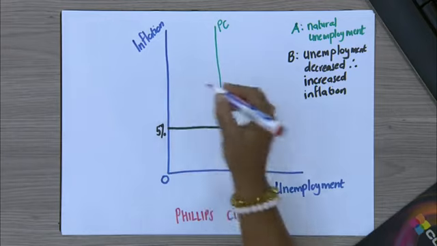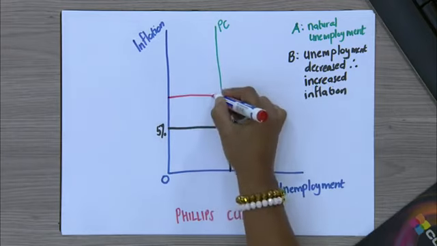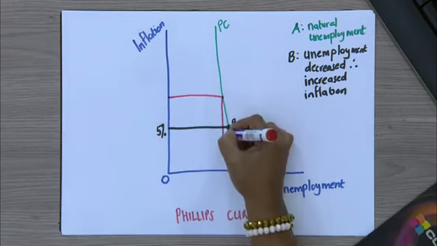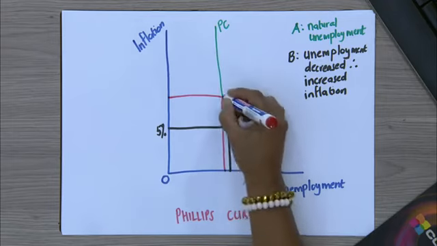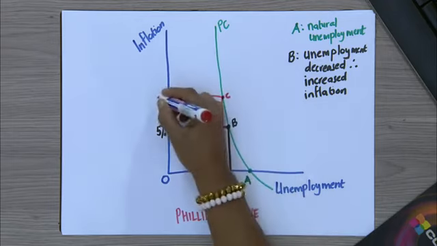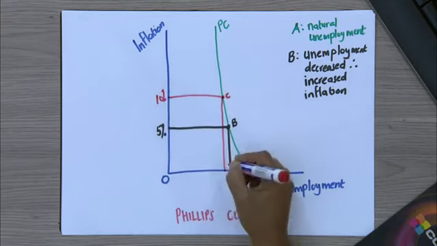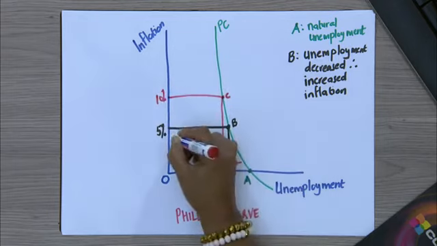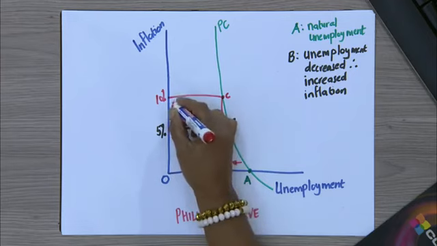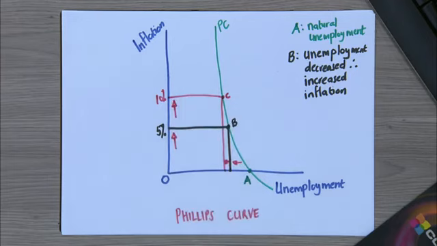And if you move to, can you see there? And now you can, so you see every time the unemployment decreases, the inflation is moving up. Okay, so every time we see a decrease in unemployment, we can see the inflation moving up.